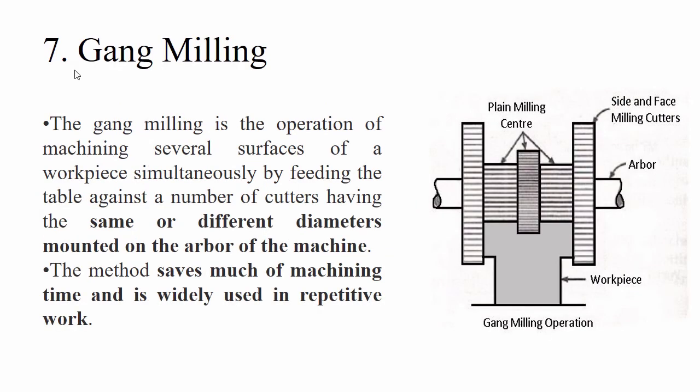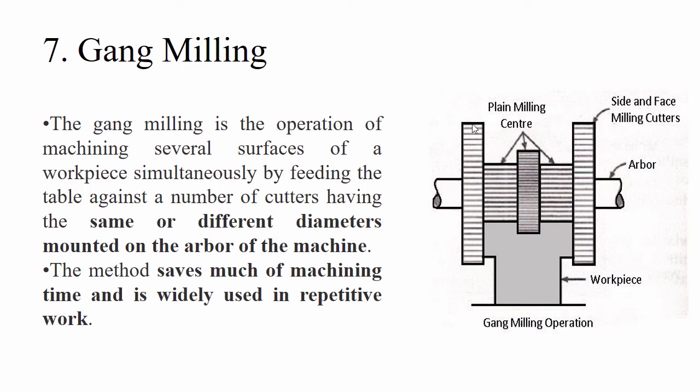The next one is gang milling. The difference is not much between straddle and gang milling. Most of the part is the same, but here again there is an arbor. On the arbor I will keep 1, 2, 3, 4, 5 cutters. Here I am keeping 5 different cutters.